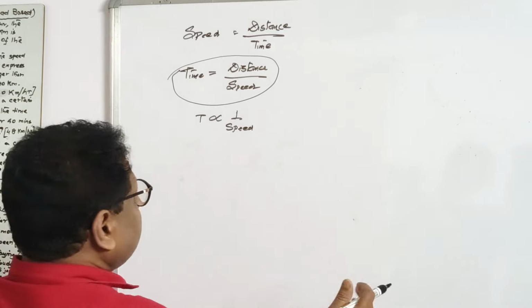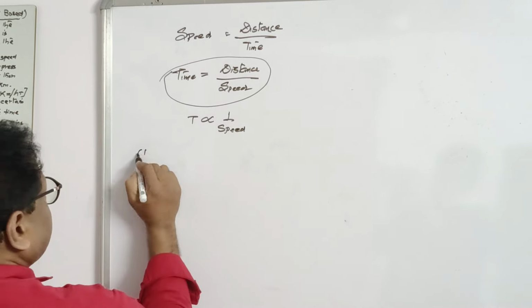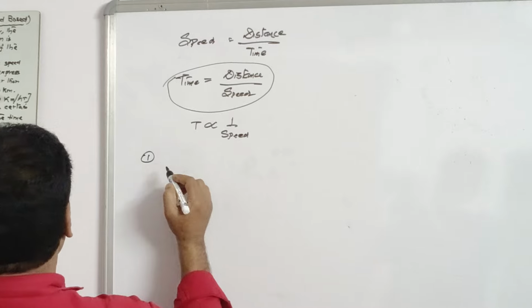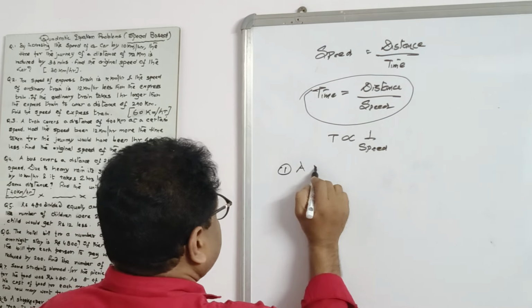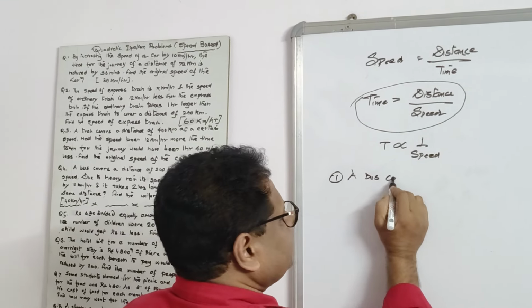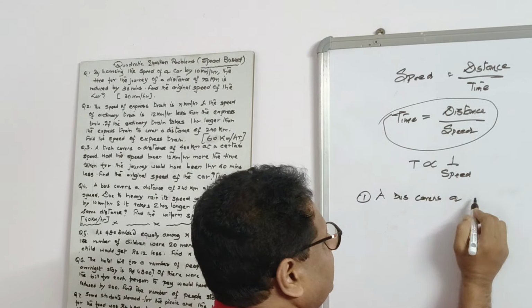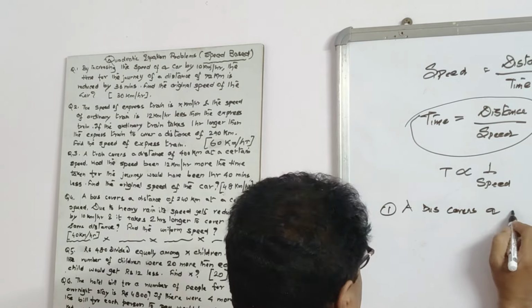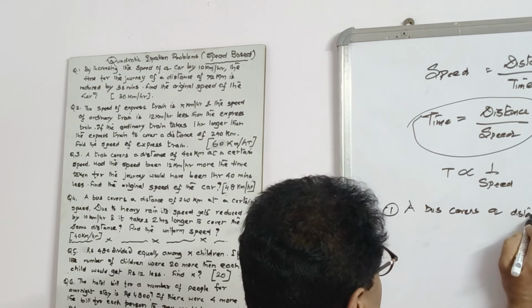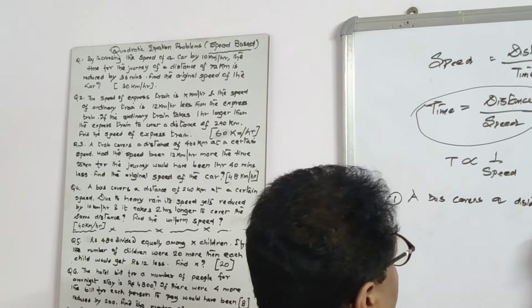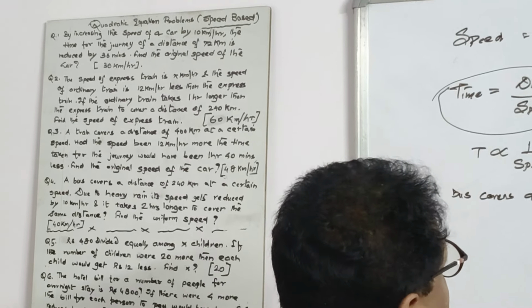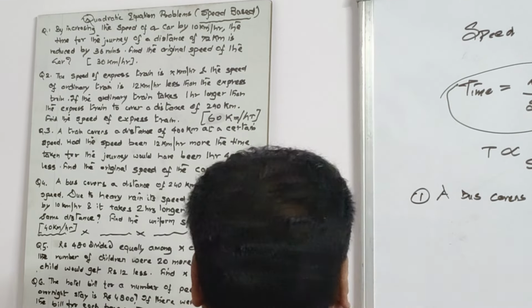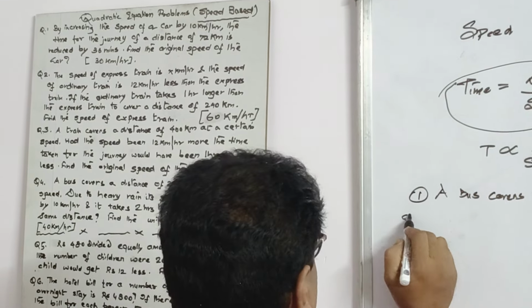Now let us discuss one question based on speed. A bus covers a distance of 240 kilometers at a certain speed.